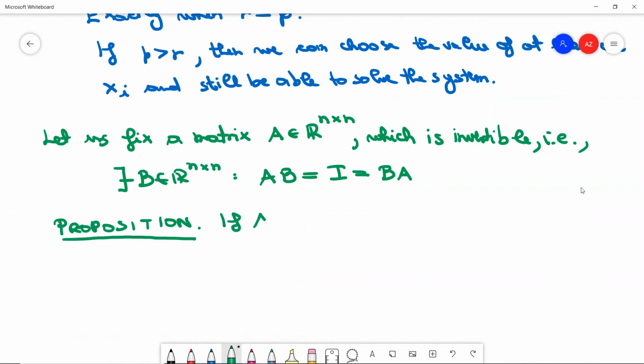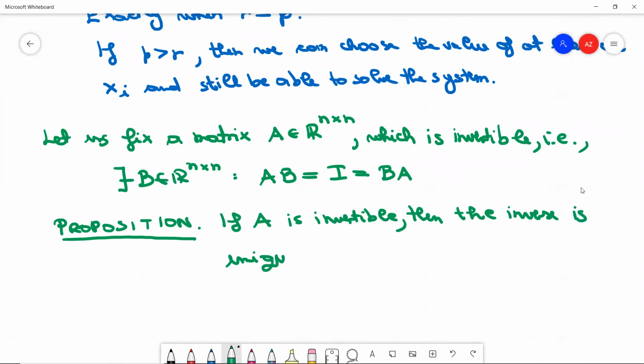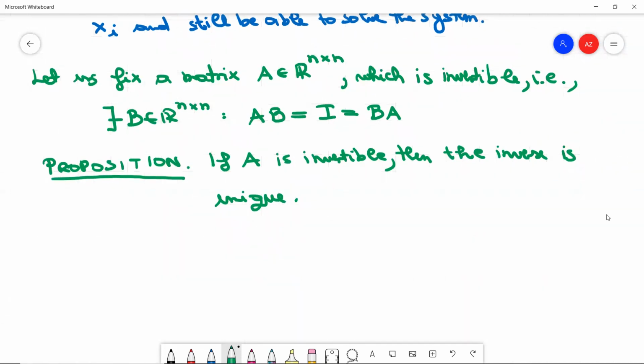If A is invertible, then the inverse is unique. That means that there can't be two different matrices which are both inverses of A. So how would you prove this?